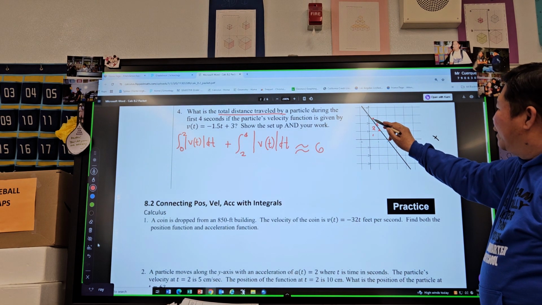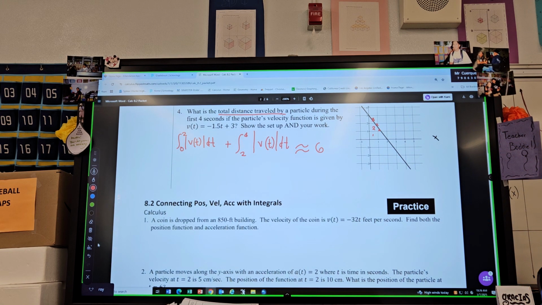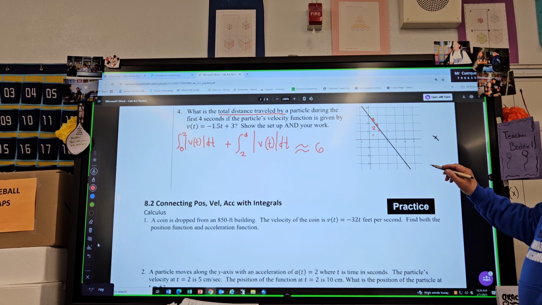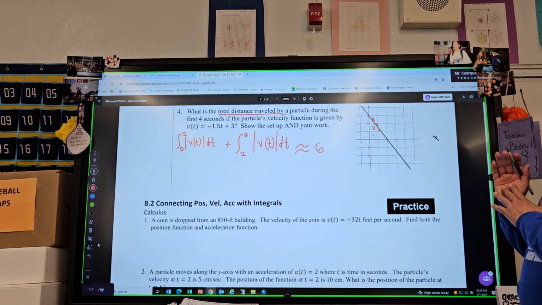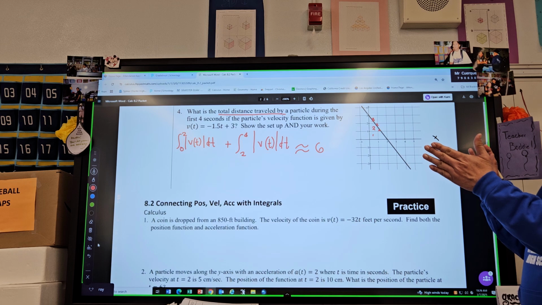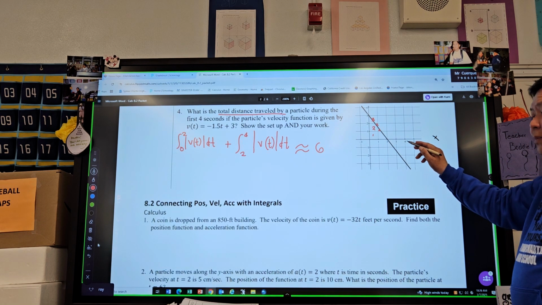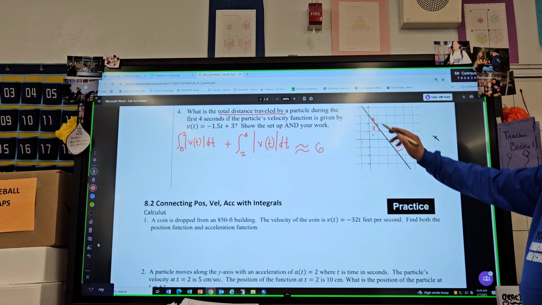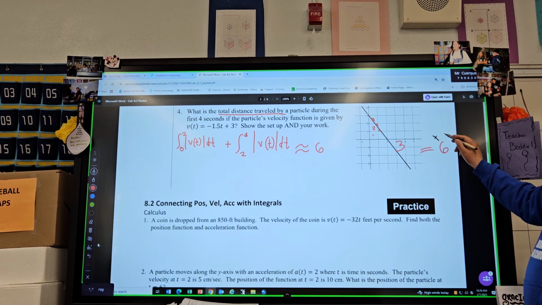So right here is 3. So there are 3 squares on top. And how about the bottom? Same shape. 3, but it's going to be absolute value, right? So 3 also right here, 3 squares. So 3 squares form 3 and 3, so that's a total of 6.